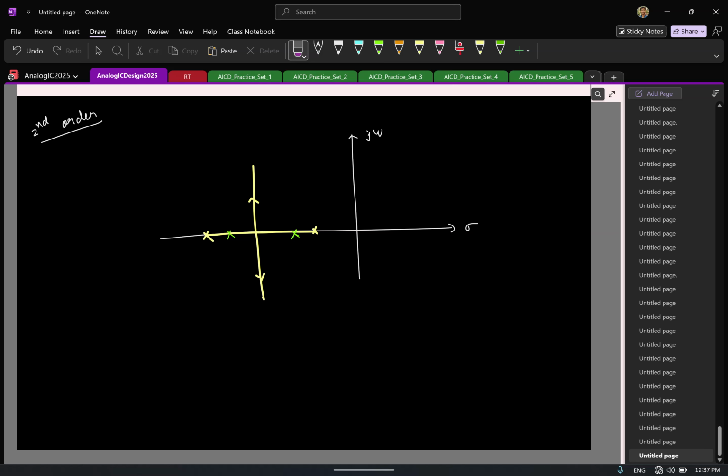For a particular DC gain, I am asking where would you want your closed loop poles to be located? Do you want them located far apart or close enough? Why far apart? One of them will be closer to the y-axis and one of them will be very far, so that we can approximate.